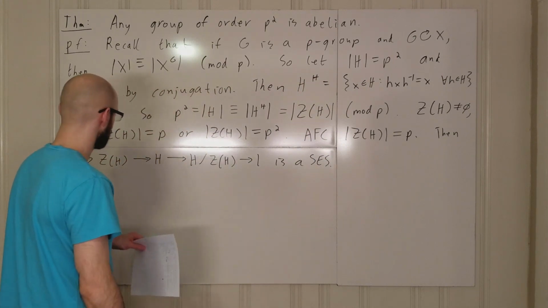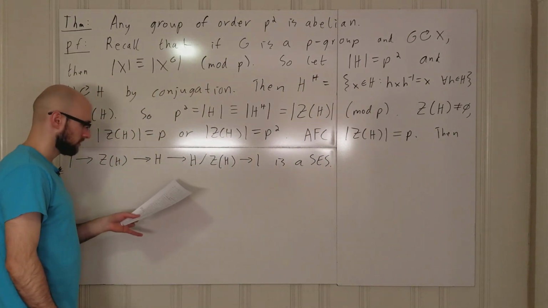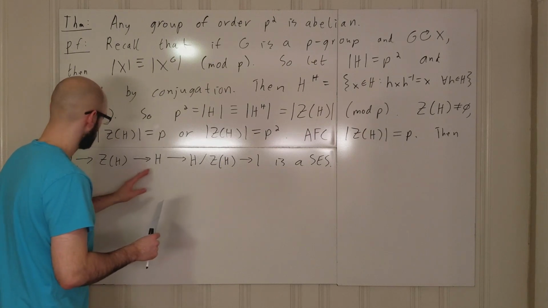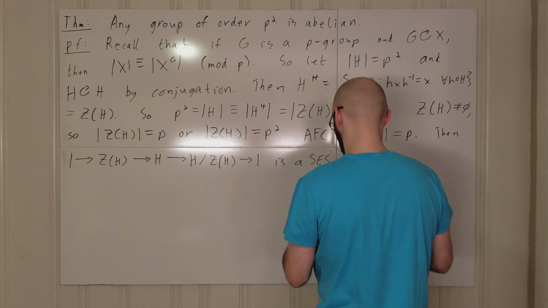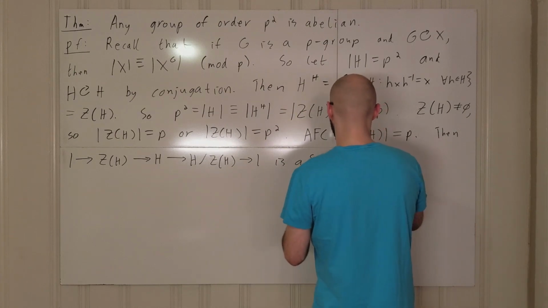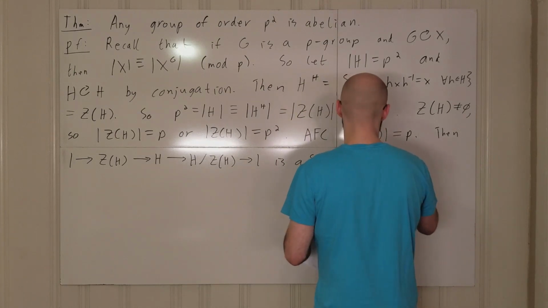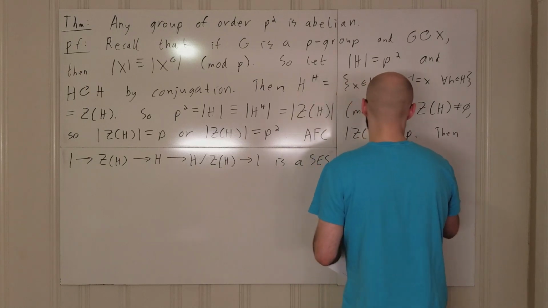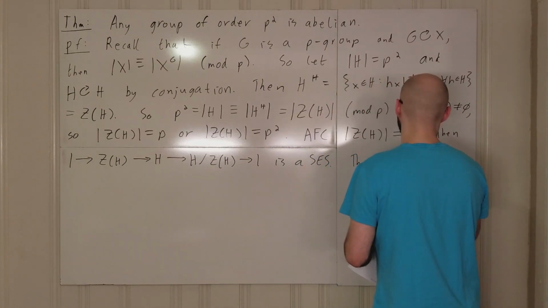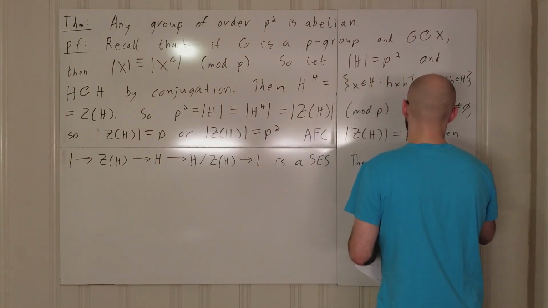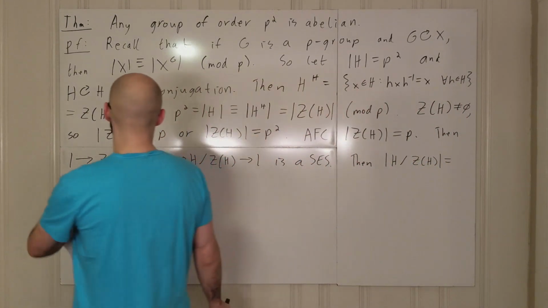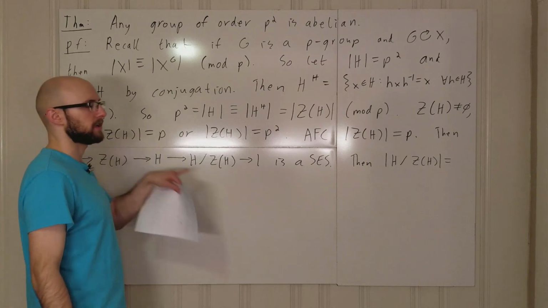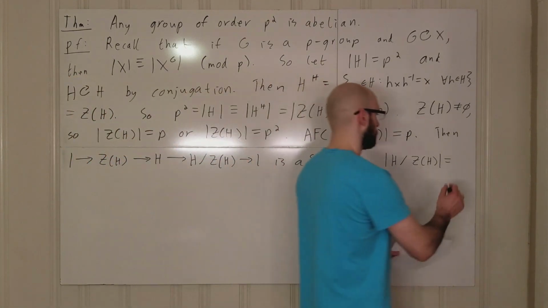Then the size of H mod Z of H, well, the size of H is p squared, and we're assuming here that the size of the center of H is p, and so this is p.